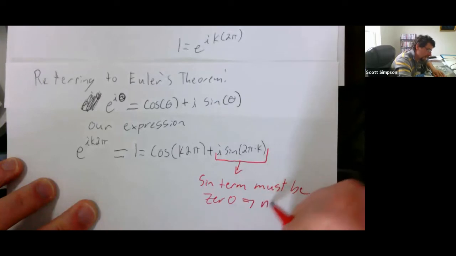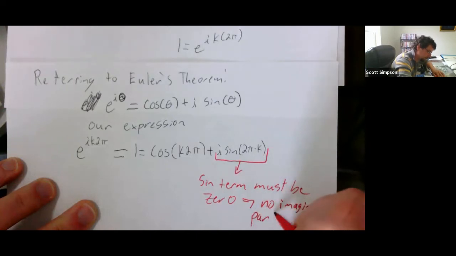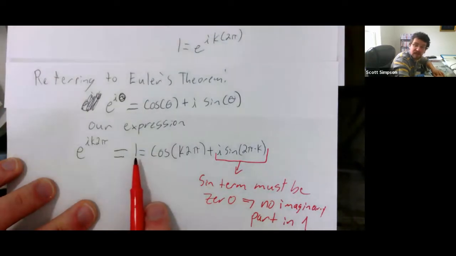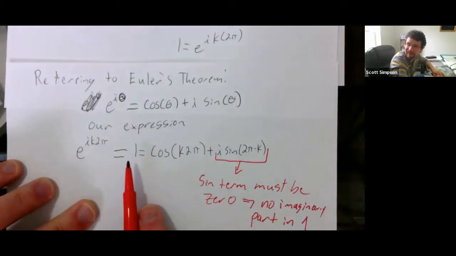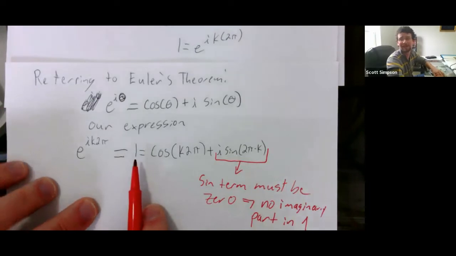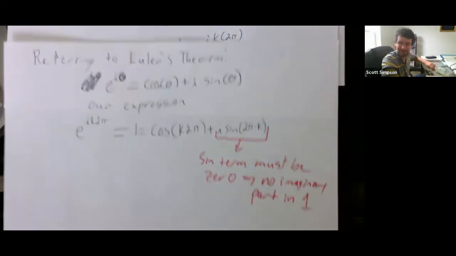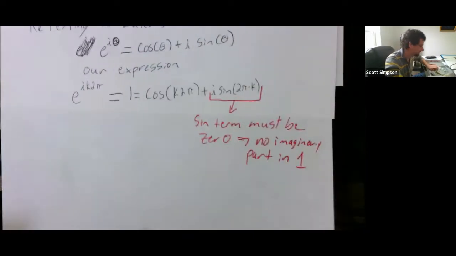We want no imaginary part. And more importantly, this value has to be equal to 1. Does anyone see an imaginary part to that? No. There's probably some crazy mathematical theorem about that, but we're not going to worry about it.